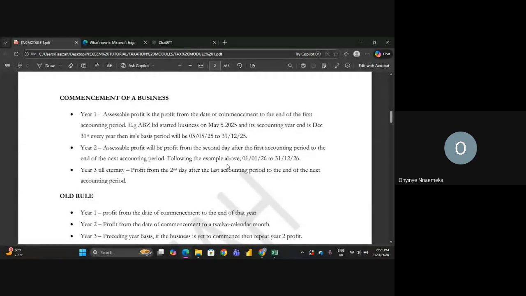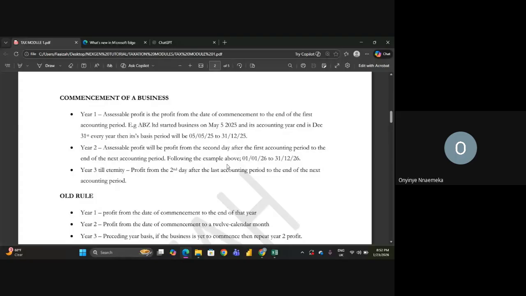If you commence in February and your accounting period end is December, it means your financial statement will be covering February to December. I don't know if you get me. So it means you are falling under the abnormal basis of assessment.